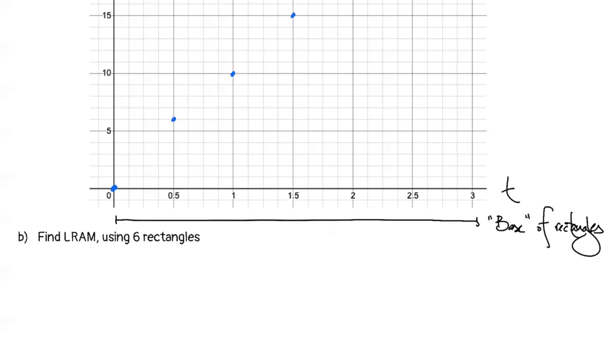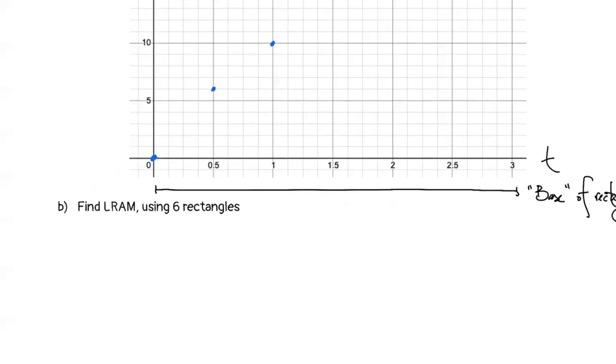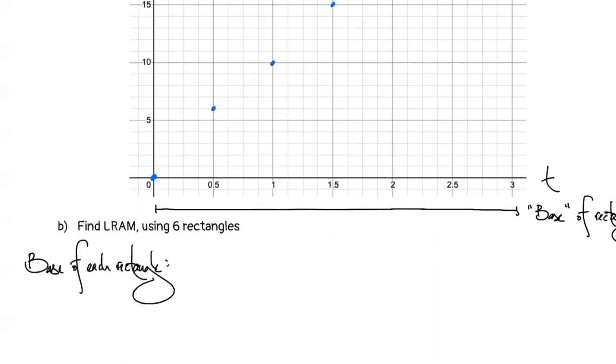3 divided by 6. So let's write that down as a generalization here. If I wanted to find the base of each rectangle, I would take how long the whole interval is.